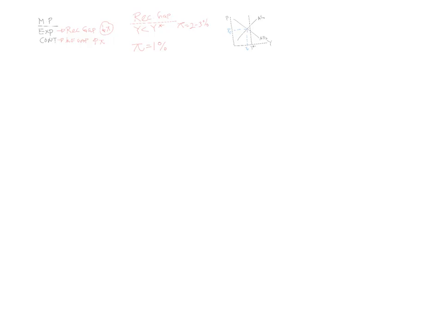Right? So what is expansionary monetary policy from an applied perspective? What does expansionary monetary policy look like? Well, it would mean lowering the cash rate. The Reserve Bank of Australia would lower the cash rate. Okay.